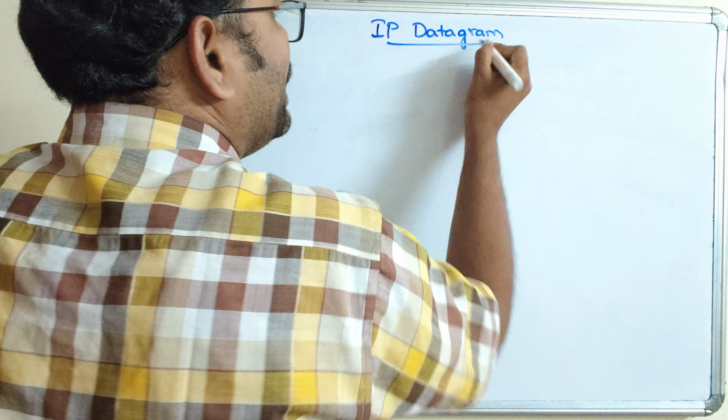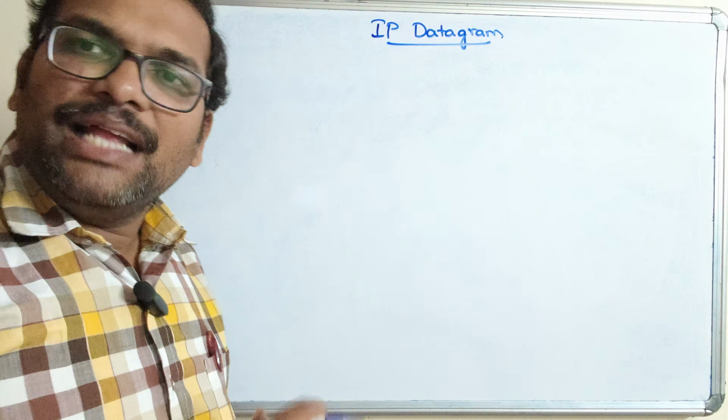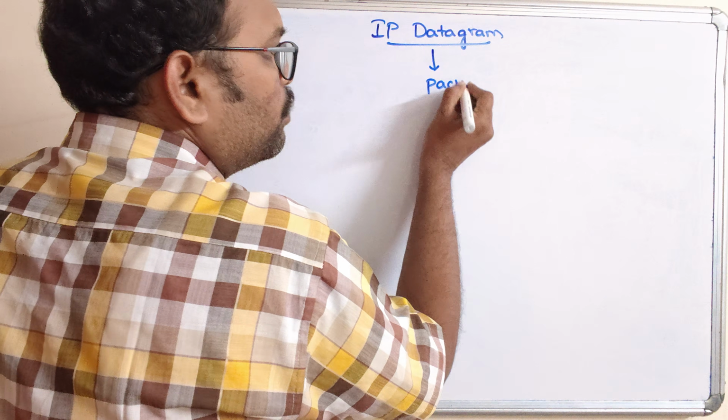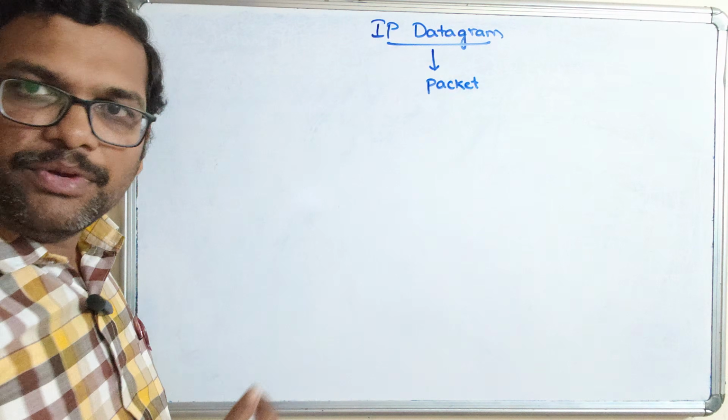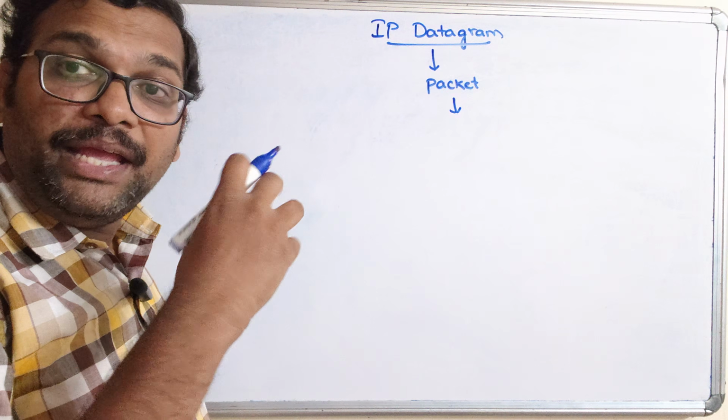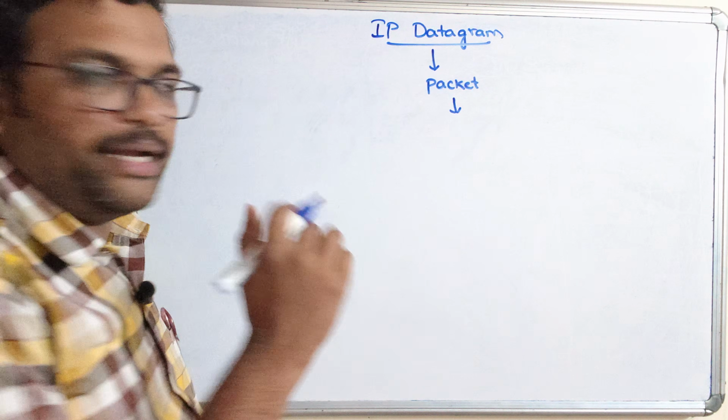So here the IP datagram is itself a packet. This is a packet which we want to transmit towards the receiver, and this is a combination of both the IP header as well as the data.